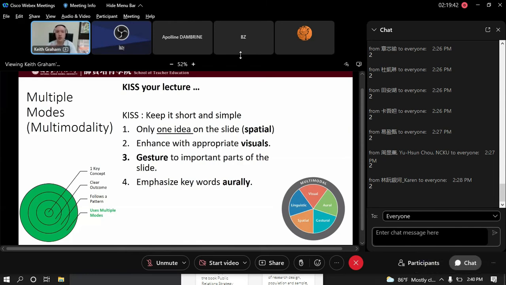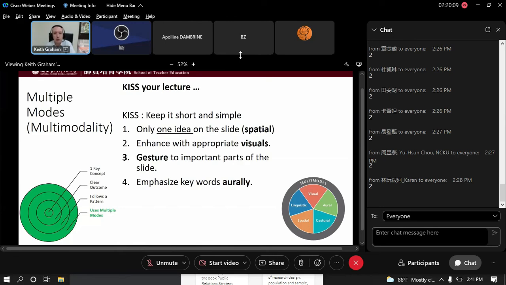But I expected that you as EMI TAs would be able to handle bigger chunks on a slide. So I've included that. But you'll have to decide whether in your subject you want to put even less on a slide, keeping it as simple as possible. So one idea on a slide, so that there's a lot of space and they focus on what's most important.